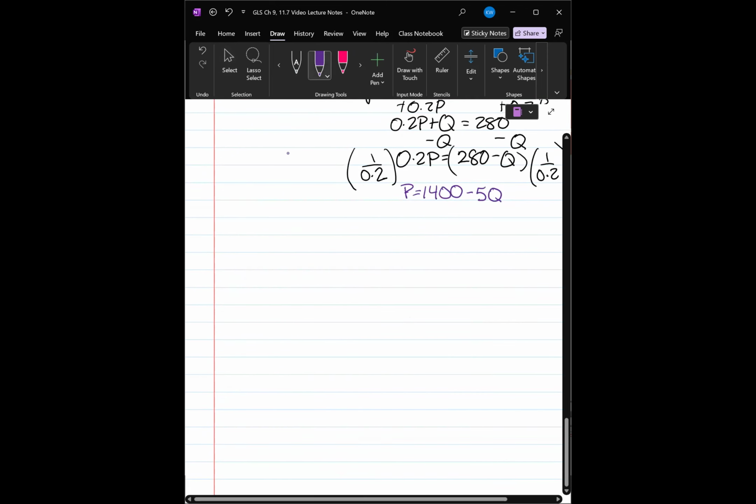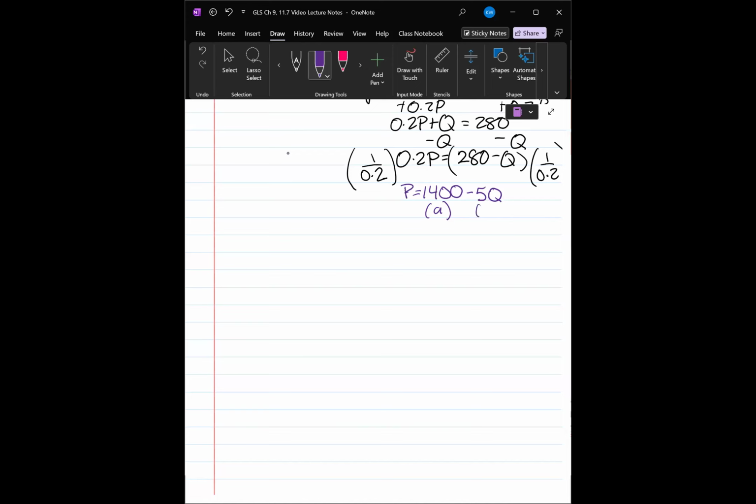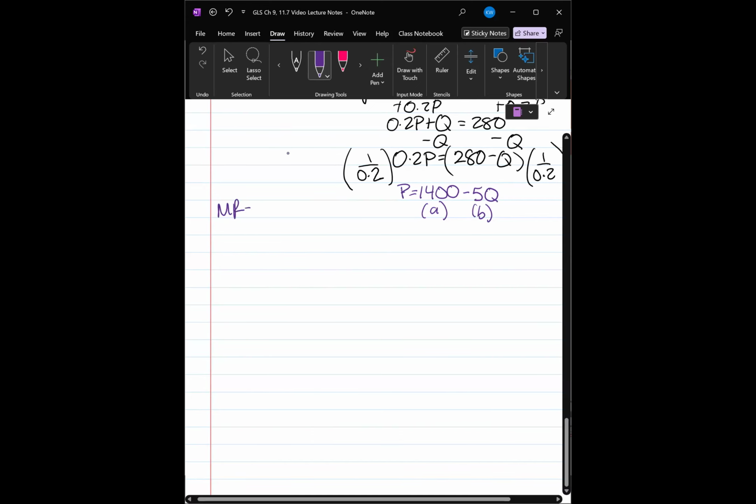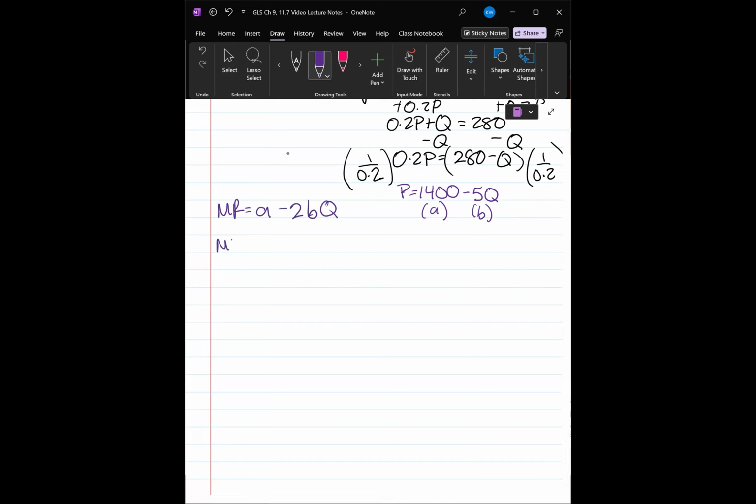So for our new demand equation here, our value for A is 1,400 and our value for B is 5. For marginal revenue, we knew it's A minus 2 times B times quantity. So substituting our values, marginal revenue is equal to 1,400 minus 2 times 5 times quantity.